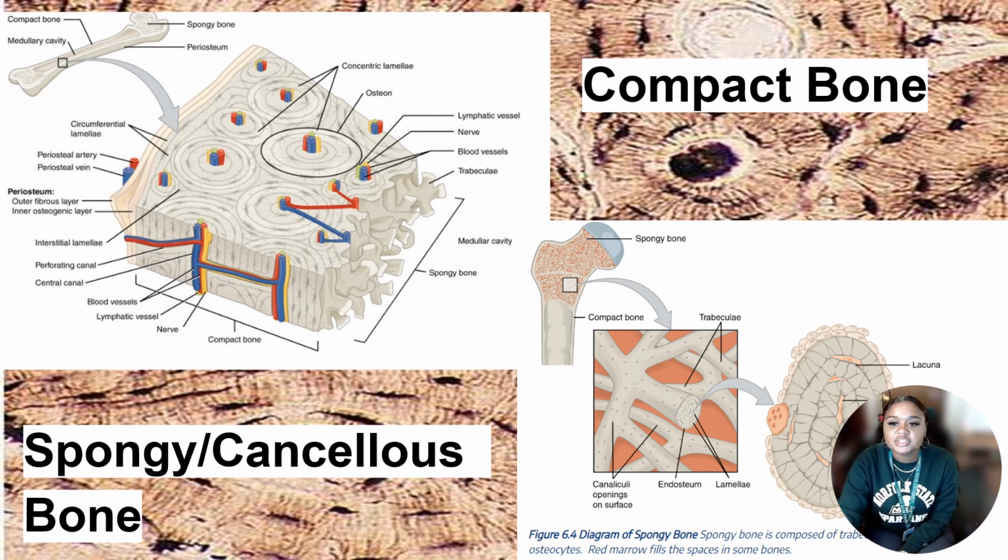And then again, this is just a diagram from your lab manual. These are the osteons in compact bone. You can see the vasculature and the lamellae. This is the central canal or Volkmann's canal.